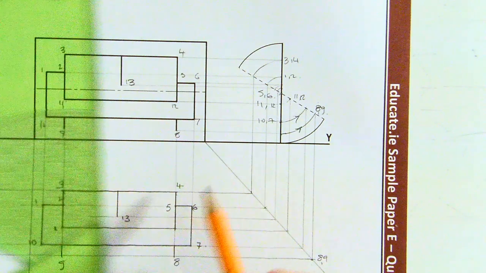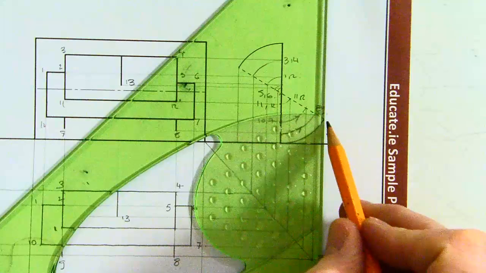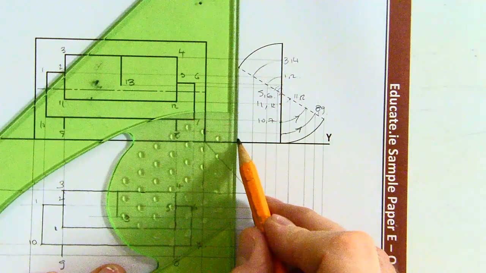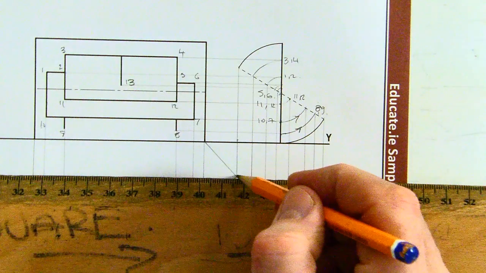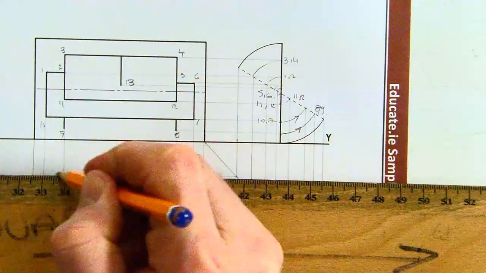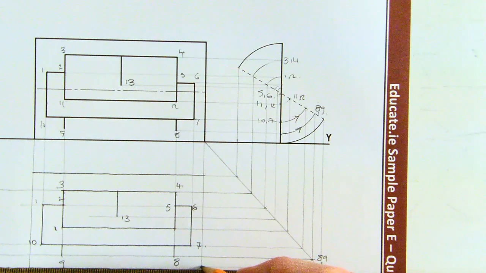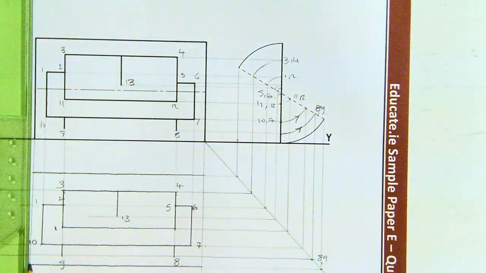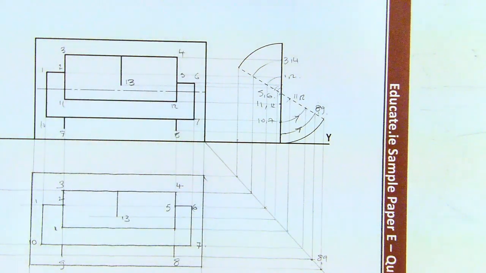Then you simply have to just bring the outside end points down. Bring those across. And that's going to complete your plan of that rotated view.